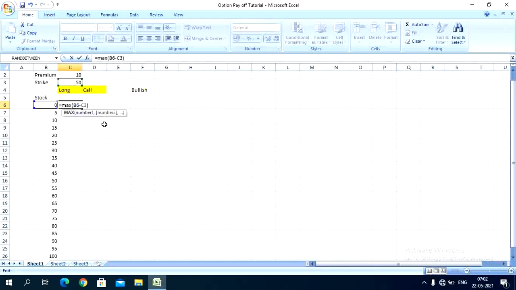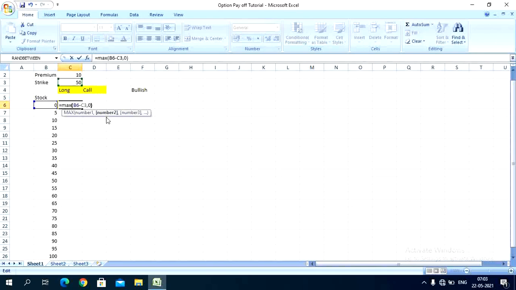Here I can put another bracket. Maximum of stock price minus strike price, or 0. You can also write it without the bracket like this: stock price minus strike price, or 0. Why is it so?